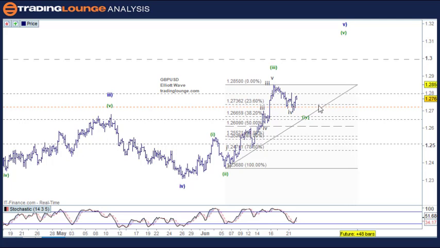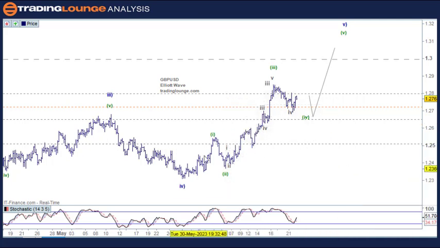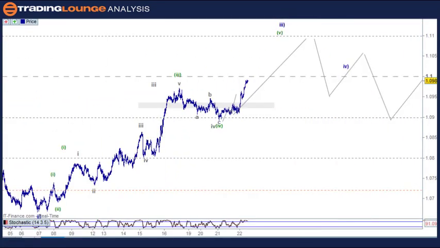The 38.2% is just here, so it's possible that we can get a move down here before it moves up. But if you get 5 waves here, you could buy anywhere in here really, and get to the 1.3 and just get out of that at that stage, because there will be another correction at that stage. And then we move over.